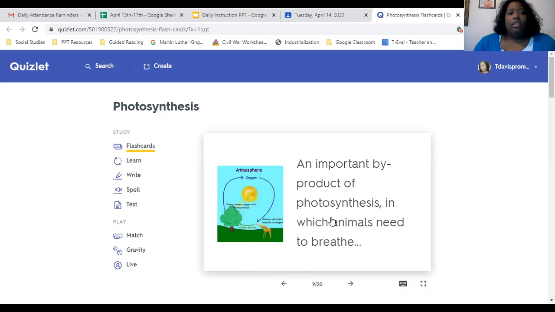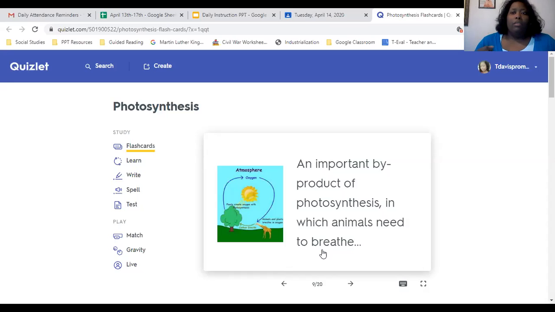Oxygen. So oxygen is an important byproduct of photosynthesis in which animals need to breathe. So there's multiple definitions of oxygen in this particular set, but I want you to recognize that it's a colorless, odorless gas that animals and humans need to breathe.